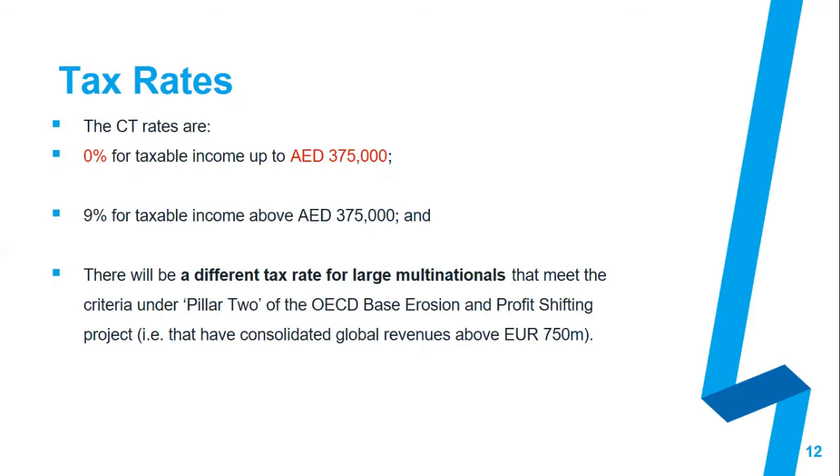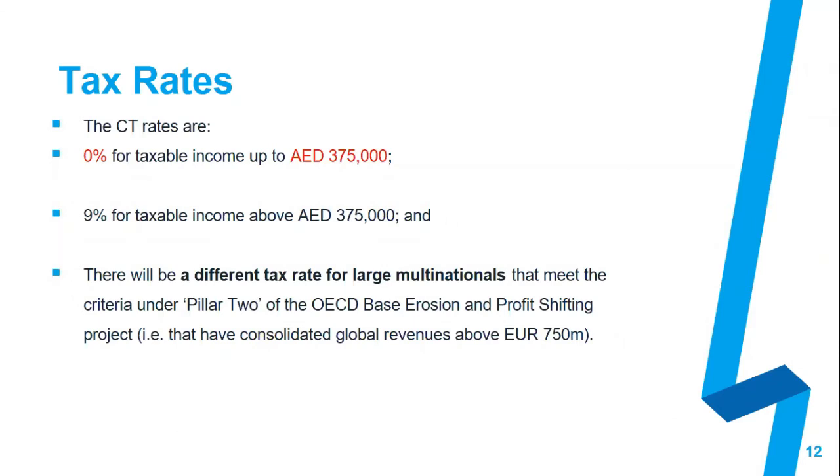But for large organizations, you cannot reduce the tax. So it will be a minimum that is recommended by the OECD. And the minimum tax recommended by the OECD is 15% across the globe. You cannot go beyond that. So for large multinational organizations, the tax rate will be different.